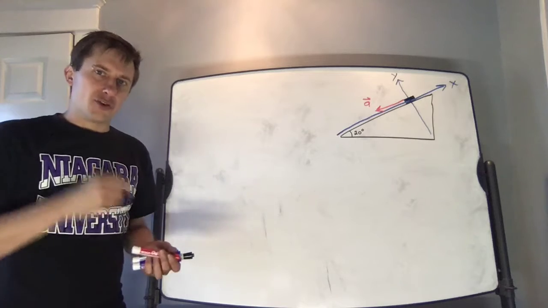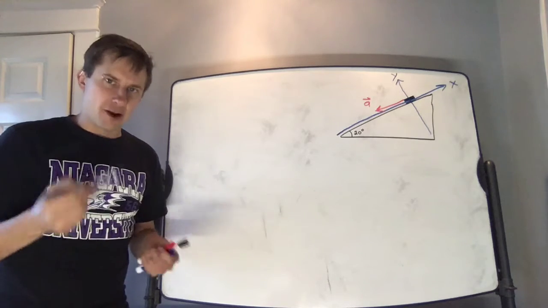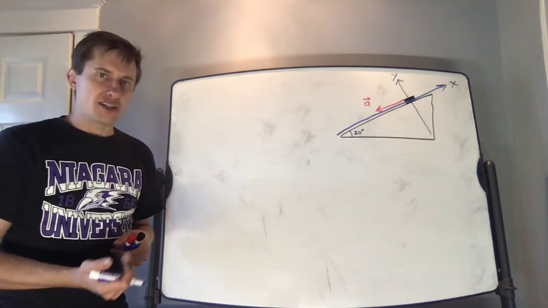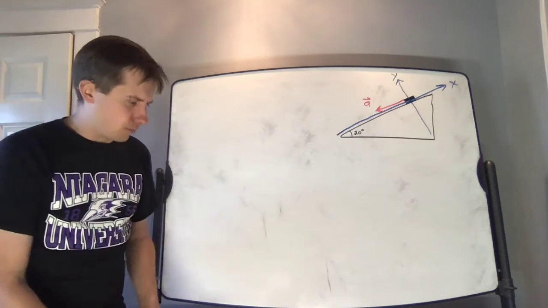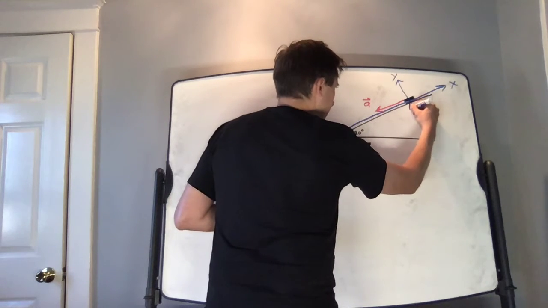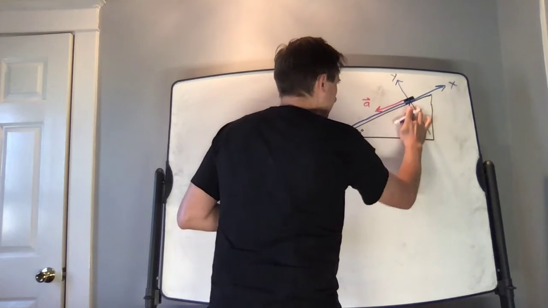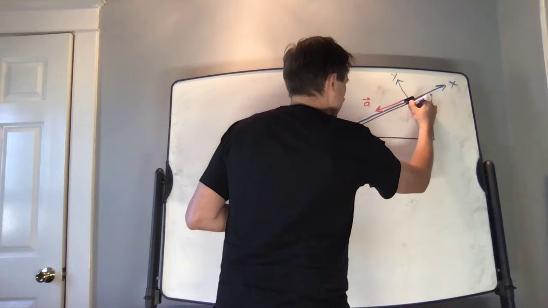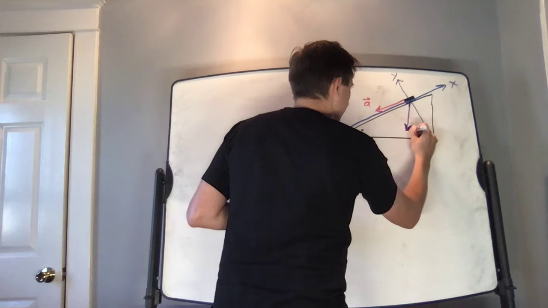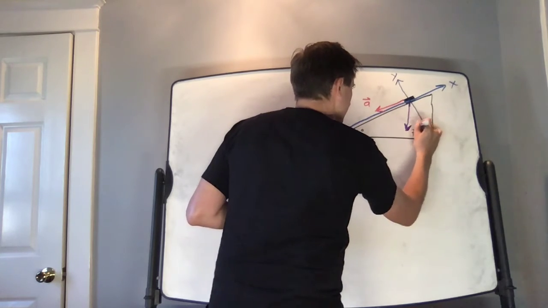I could also choose to draw the forces that are acting on the crate. I know gravity is pulling the crate straight down towards the center of the earth. So the force of gravity on the crate will look something like this. So here's F gravity on the crate.